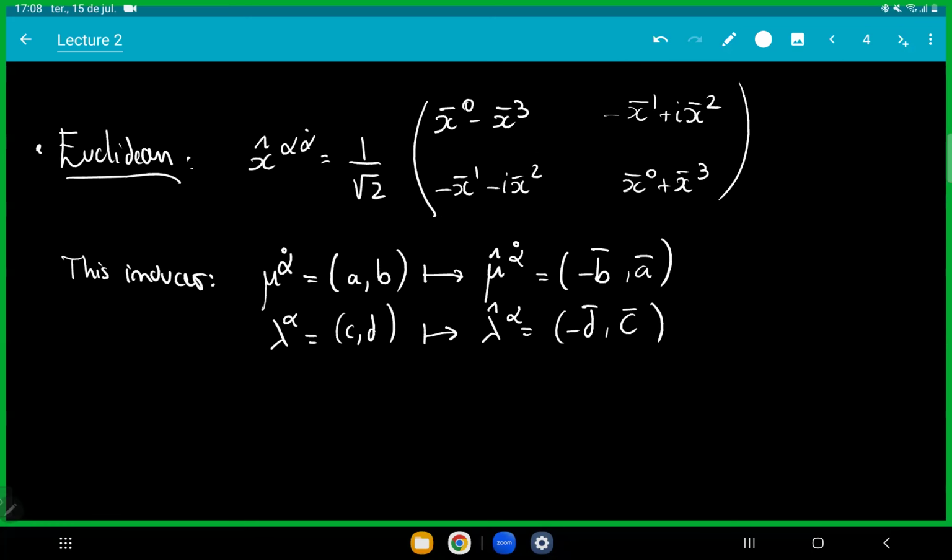Okay. So we had this conjugation acting this way on the spinors.